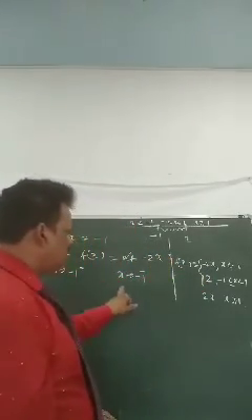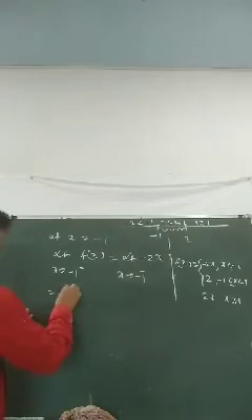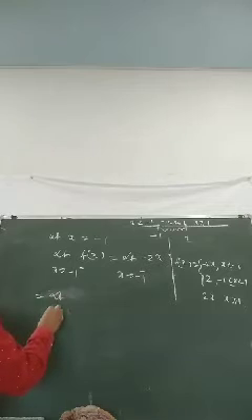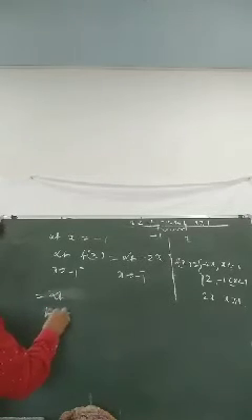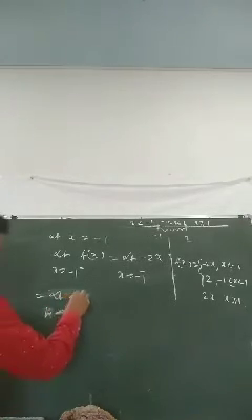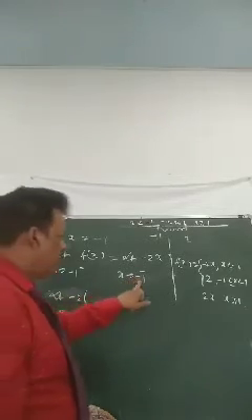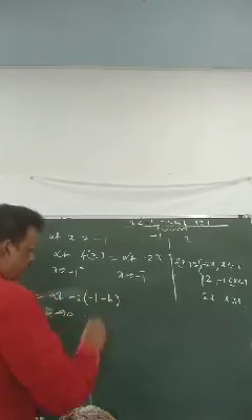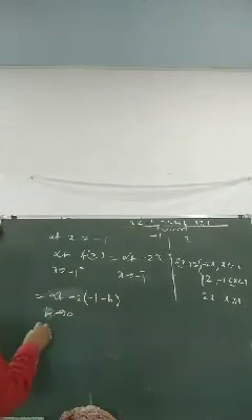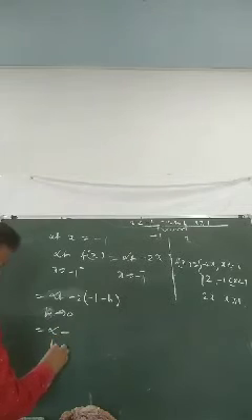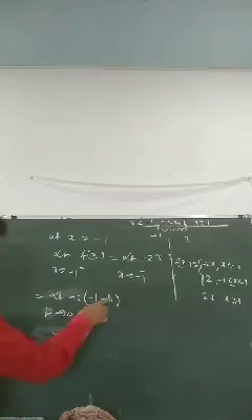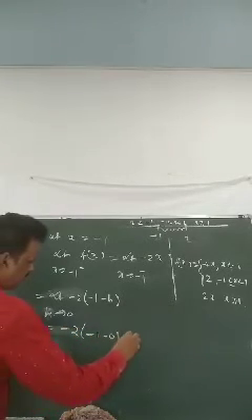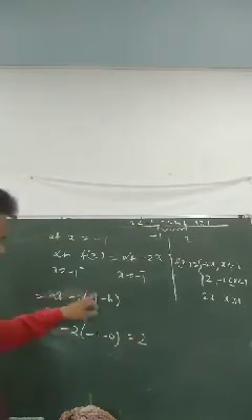What is the procedure to calculate? Limit h tends to 0 of minus 2 times (minus 1 minus h). If I put h tends to 0, minus 2 times minus 1 minus 0, which is 2. So the left hand limit became 2.